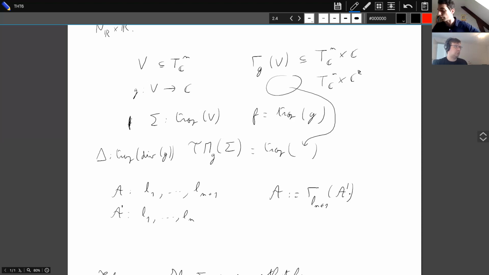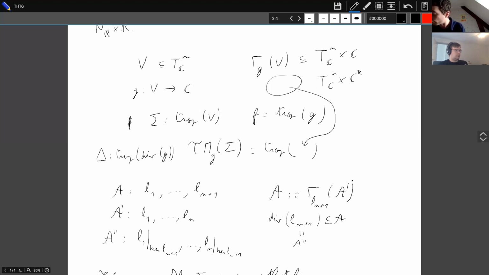Okay, it's a bit quick. I have to define everything, etc. And if you look at the divisor of Ln plus 1 inside A, more or less it's A second, where A second is given by L1 restricted to the kernel of Ln plus 1, etc., Ln restricted to the kernel of Ln plus 1.